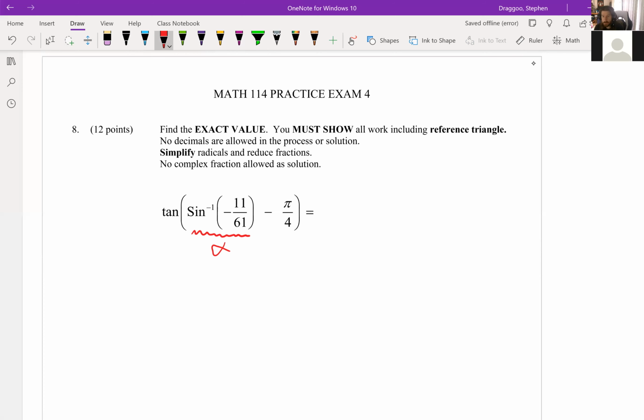The solution to an inverse sine problem, or arc sine, whichever one you feel like using, is just an angle. So when we take the sine inverse of negative 11 over 61, our result is an angle, which means we are looking at the tangent of alpha minus pi over 4.